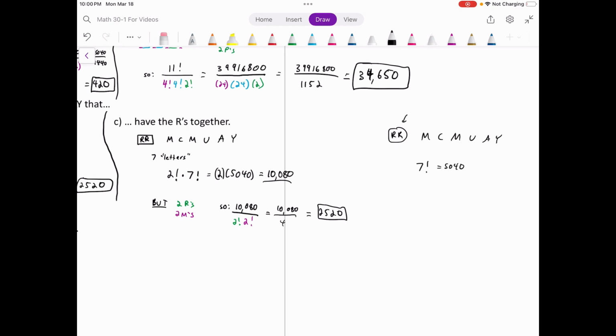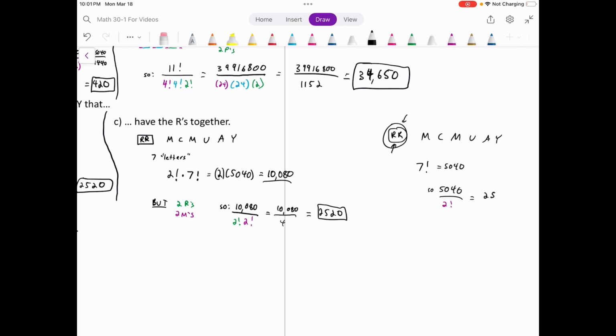But then when it comes time to deal with your repeats, you would need to recognize that you already dealt with this by excluding that 2 factorial, right? Which is totally fine, just keep track, right? So then you would have to do, okay, 5,040, we already dealt with the 2 factorial R's by not multiplying this by 2 factorial. So now I actually just need to divide by the 2 factorial M's, and you get the same result, 2,520.